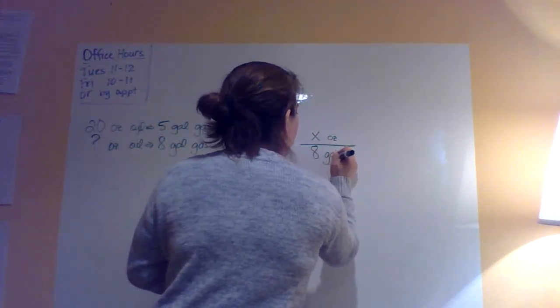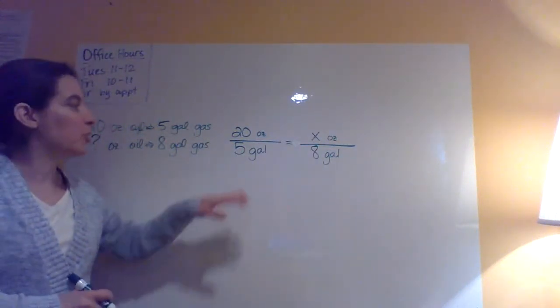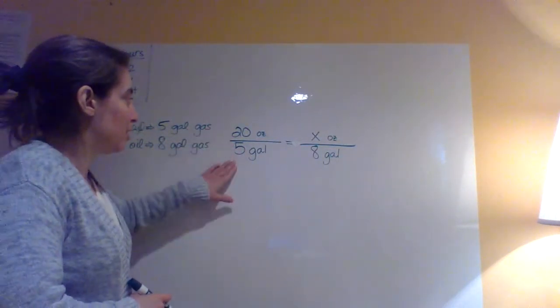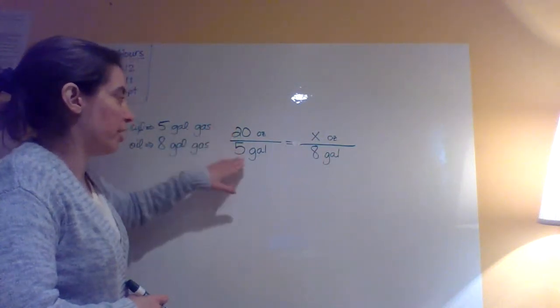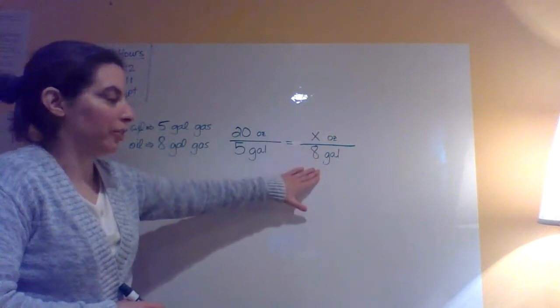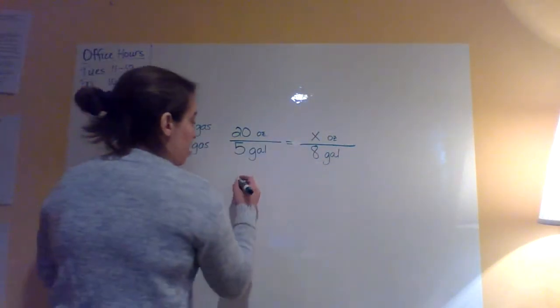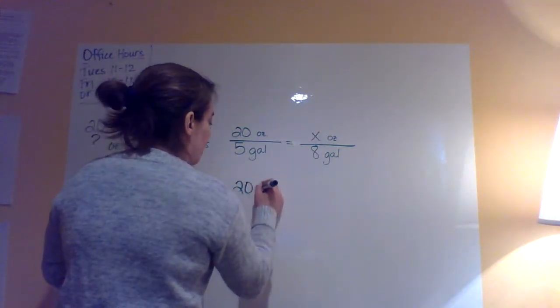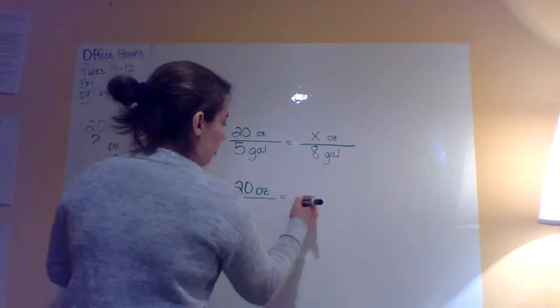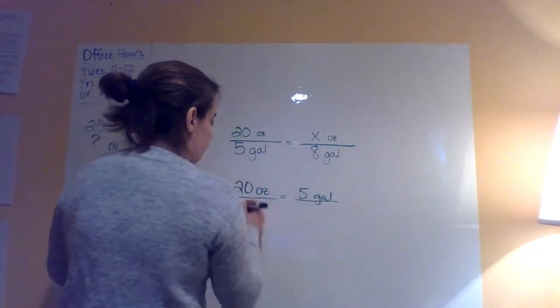And I will say that you better have units on there. So one way to do it is 20 ounces to 5 gallons. So 20 ounces of oil to 5 gallons of gas. How many ounces of oil to 8 gallons of gas? It's one way to do it. You may also have said 20 ounces of oil, you might have kind of thought of it this way, goes with 5 gallons of gas.